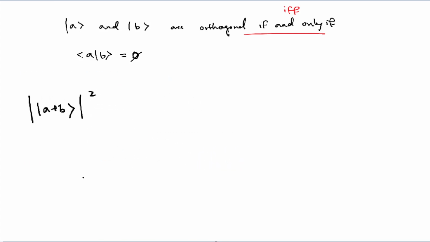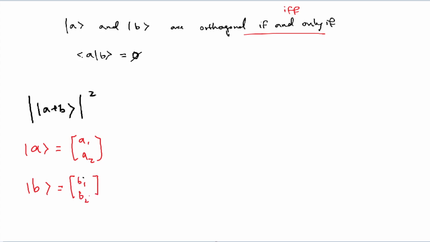Now, let's begin by finding again the sum of A plus B. And let's say A is defined as your ket vector A, is defined as A1 and A2. These are just their two terms. And let's say B is defined as B1 and B2.